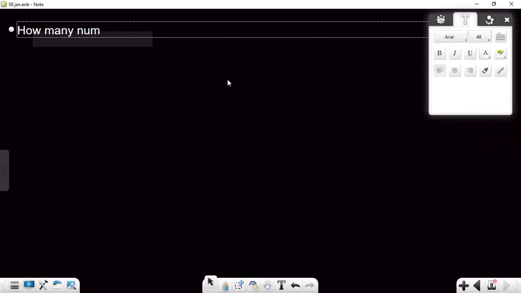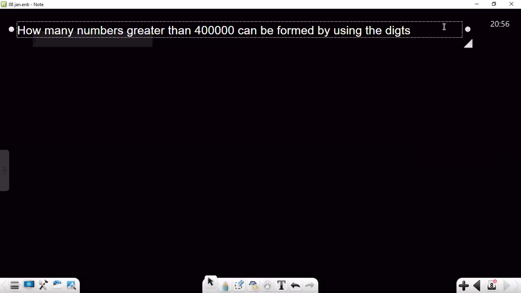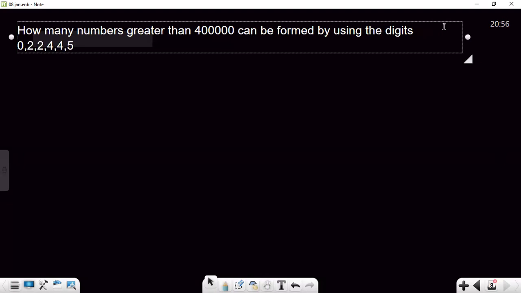How many numbers greater than 4 0 0 0 0 0 can be formed by using the digits 0, 2, 2, 4, 4, 5, 6?